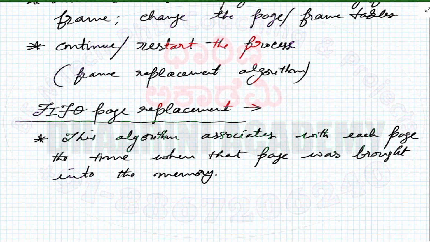So now whenever a page must be replaced, simply you will choose the oldest page that is present. Whoever came first, you always try to replace that particular frame. So that's why the name is first in first out.